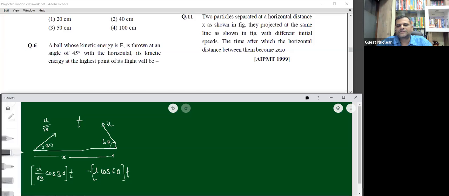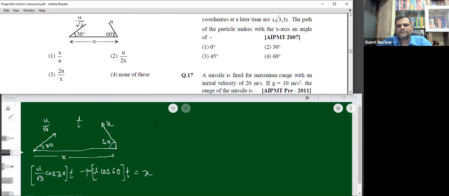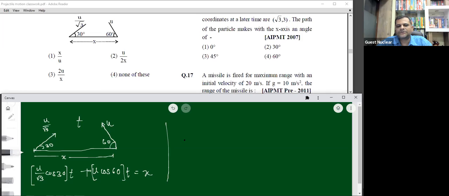But whatever distance is traveled by this first particle and the second particle, both of these two add up together will give us x. ये दोनों का सम जो है वो x हमको मिलना चाहिए, तभी ये पॉसिबल होगा. ठीक है? तो देखो यहाँ पर से ये दोनों का सम अगर x एक्सपेक्टेड है तो इसको सॉल्व करने से हमको t का वैल्यू मिल जाएगा in terms of x.